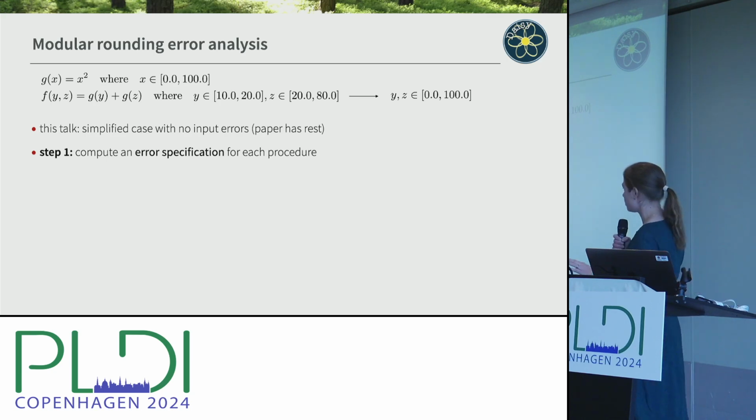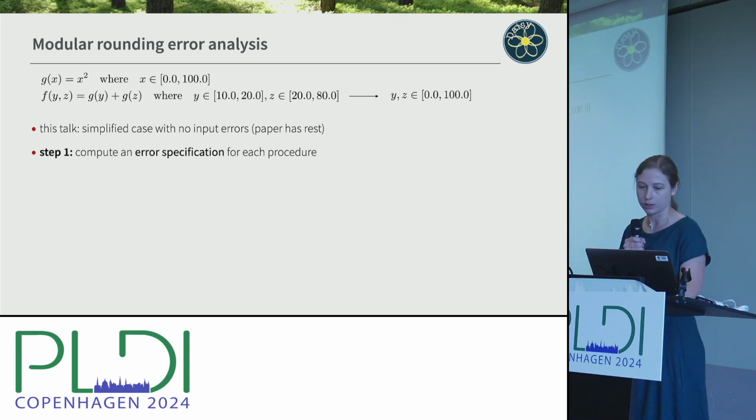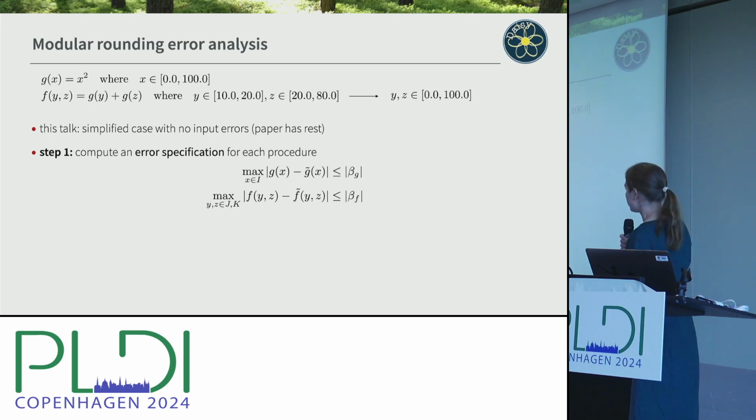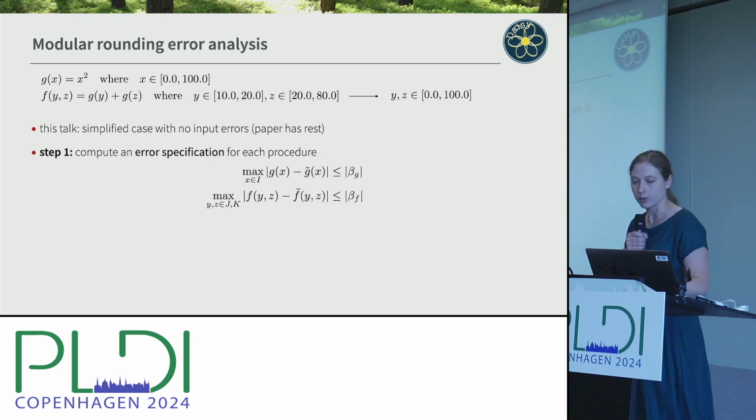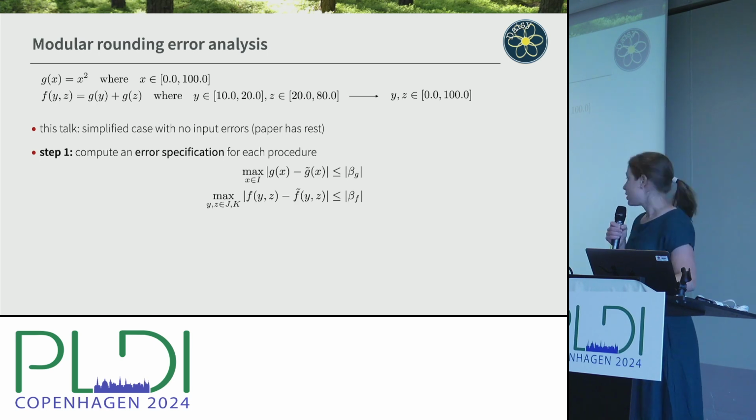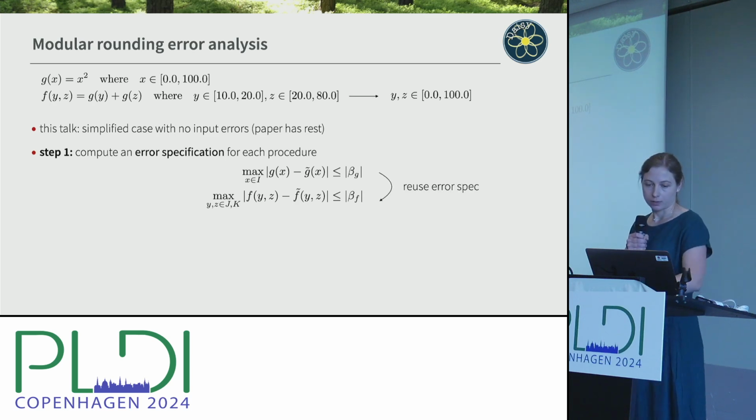All right, so our first step is going to be to look at the functions that we have and compute error specifications for each procedure. So this will be some abstraction of what the errors will be that this function introduces, but without the full details. And I'm going to denote this error specification by the letter beta, with the subscript of the function that it belongs to. So this specifies somehow an upper bound on the error of that function.